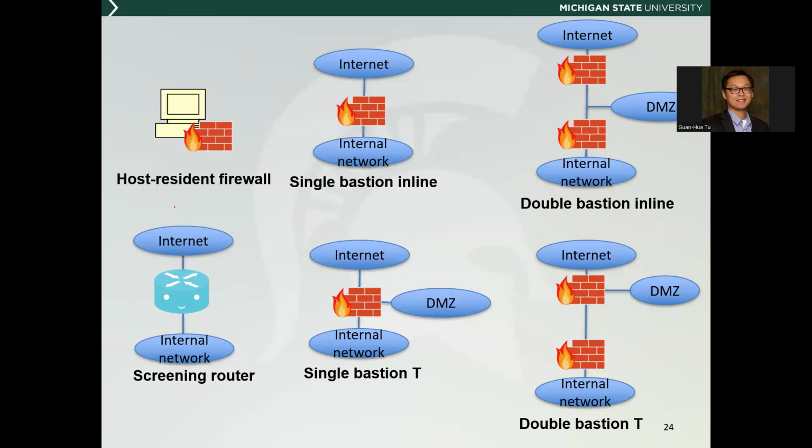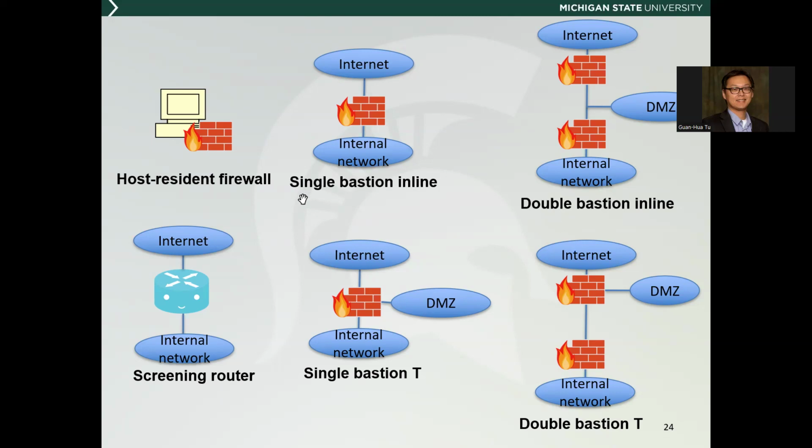For example, here is a host-resident firewall, which means we deploy the firewall on a personal computer. Then we have the screening router, which means we deploy the packet filter firewall on our router. It can determine if a packet can pass or be discarded based on information collected from the packet.